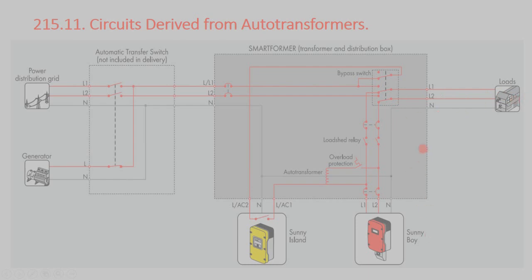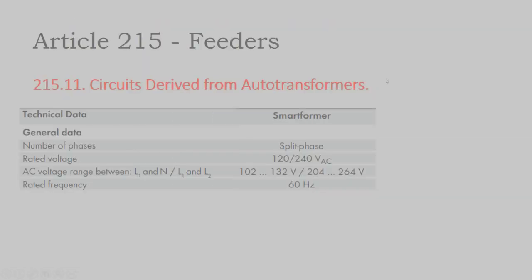And the reason for that is that the neutral will help all of the breakers and overcurrent protection devices in the system work. The neutral is not a zero voltage system.